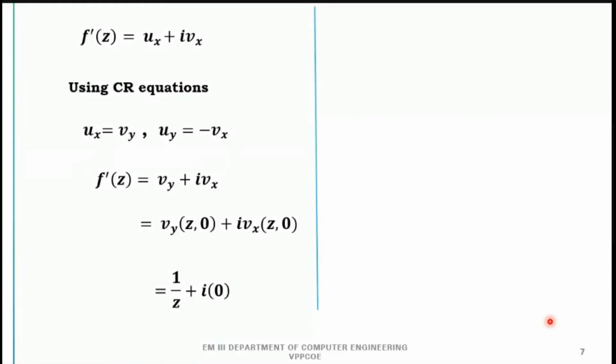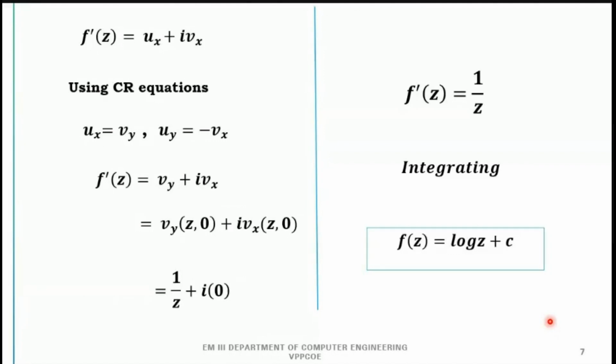Then integrating f dash of z to get the function f of z, which is equal to log z. F dash of z is 1 by z, so f of z will become log z plus c.